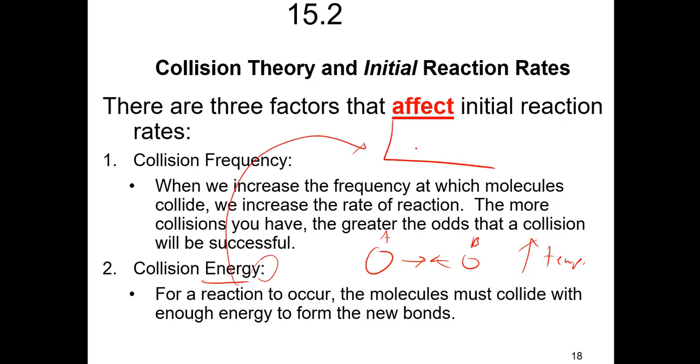Let's go back to our potential energy diagram. There's potential energy, and then there are my two particles, and they have to hit each other with enough energy to go up to the transition state. Another name for collision energy is activation energy. And then a reaction can occur.